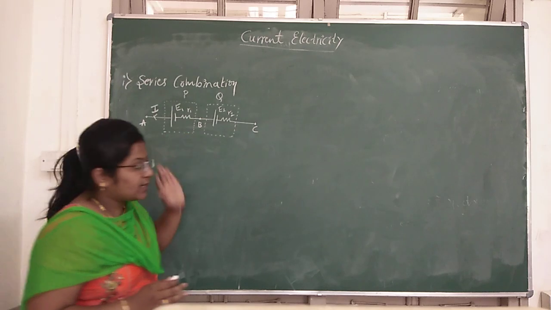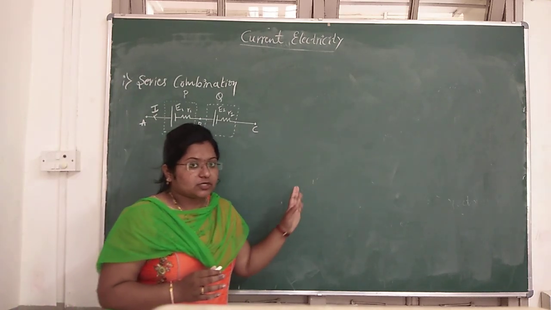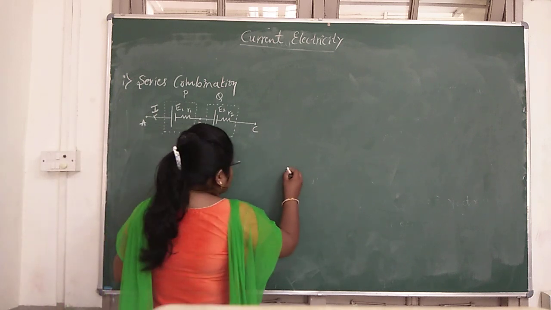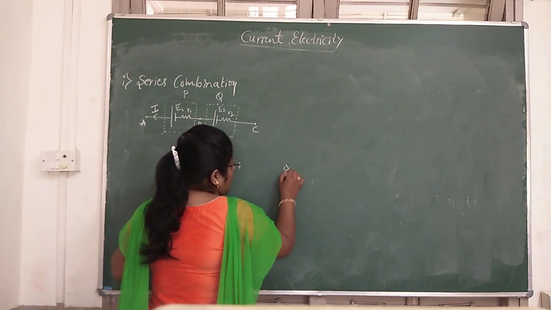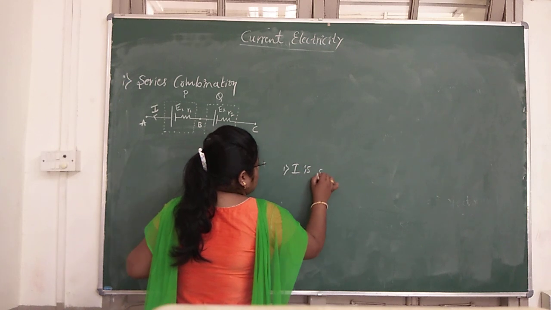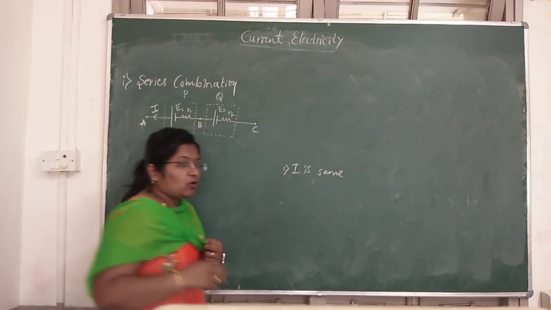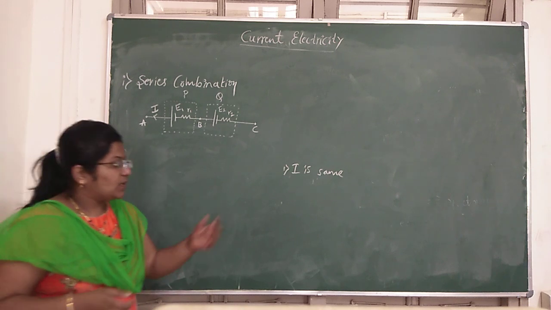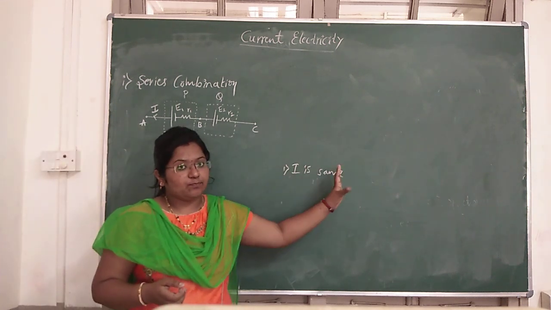As you know clearly, in series combination two things are important. What does this mean? In series combination, I is the same throughout. It may be a combination of resistors or a combination of cells, but the current will be the same throughout.